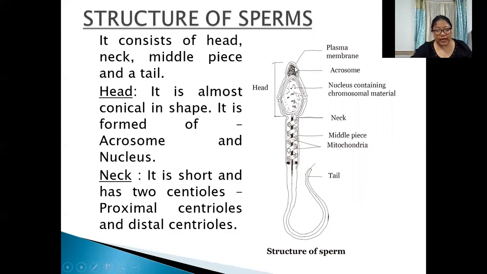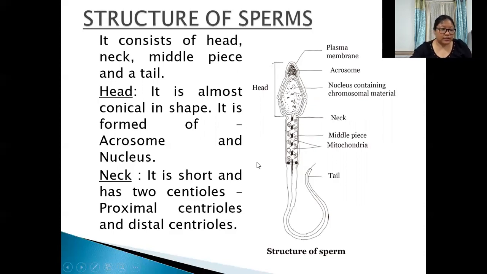It looks like a cap situated at the anterior end of the nucleus. And this nucleus contains chromosomal material. What is the chromosomal material? It's nothing but DNA, and we also have some proteins here.